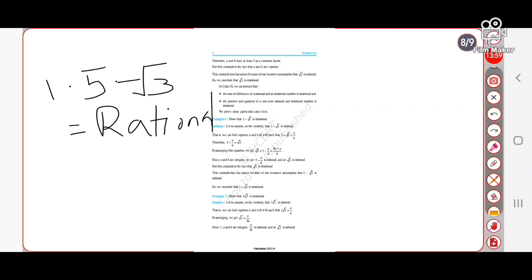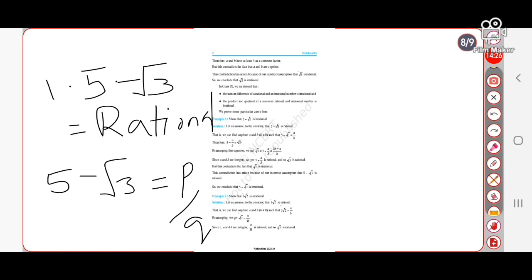After assuming this, we need to equate 5 minus root 3 equal to p by q, or a by b, whatever it is, no problem.